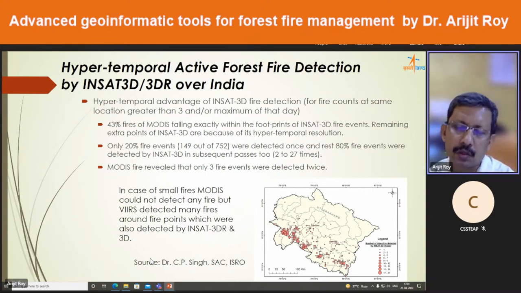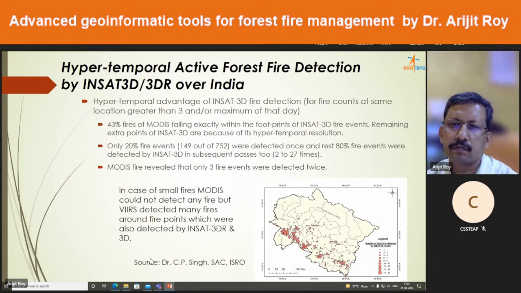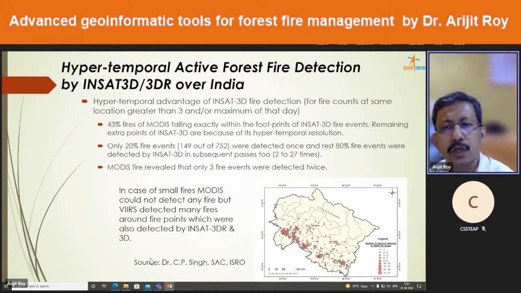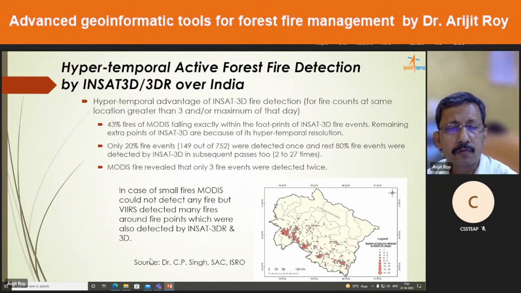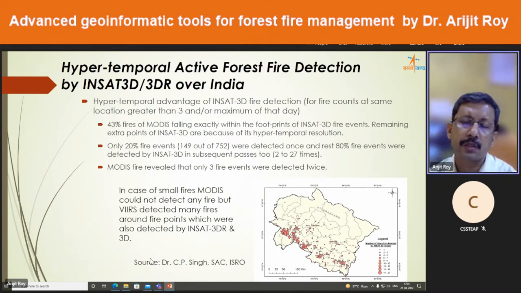So if we divide 27 by say 2, it comes to something like 13.5 hours, 13 hours and 30 minutes. So one of the fires was there for that much time. Whereas the MODIS passes only twice a day. So we basically miss out on many of the fires.